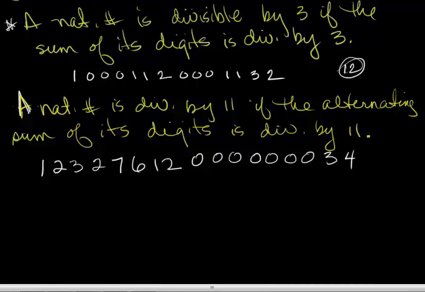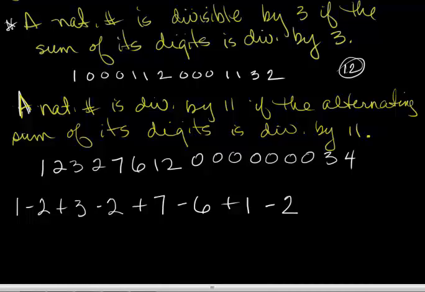So we start with just taking the first digit, 1, minus 2, plus 3, minus 2, plus 7, minus 6, plus 1, minus 2, and now these zeros aren't going to add or subtract anything, so I just have to keep track here.